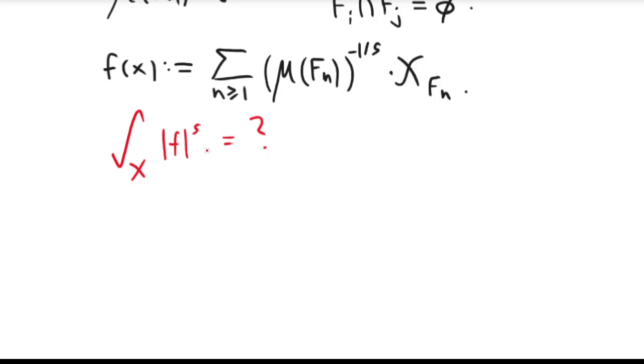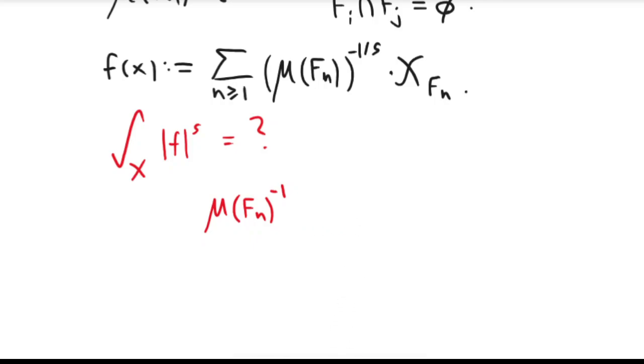So what is this equal to? By the way that we defined f of x, if I take f of x and raise it to the s power, I just get mu of Fn to the negative 1 times chi of Fn. And so if I'm integrating, I'm integrating over each of the sets Fn, and on each of the sets Fn, I'm just multiplying by the measure of that set.